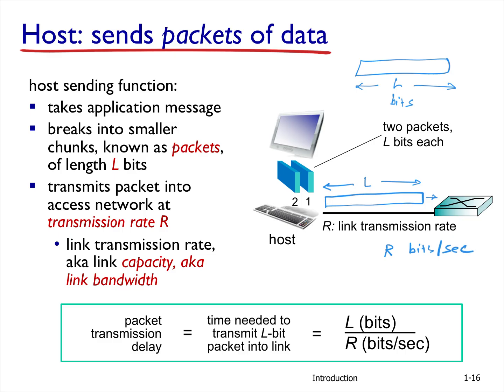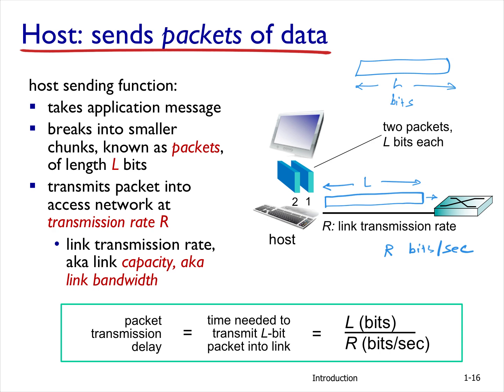So what is the transmission delay? What is the time that it takes the full packet to be transmitted over the link? Distance and speed. L over R, right? The number of bits divided by how many bits per second you can transmit. This will give you the duration to send the whole packet. We call that transmission delay, okay?